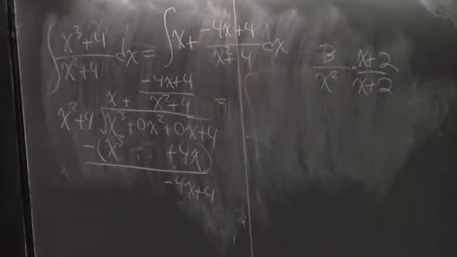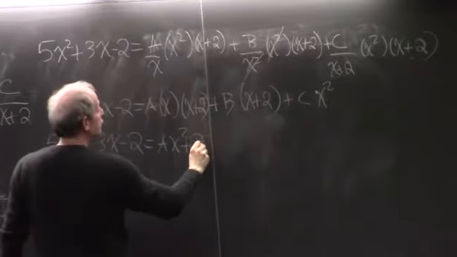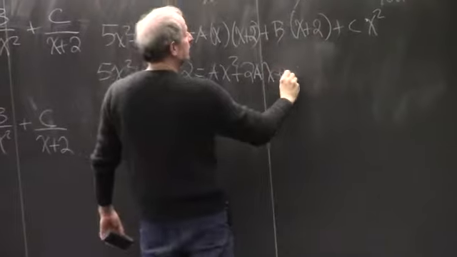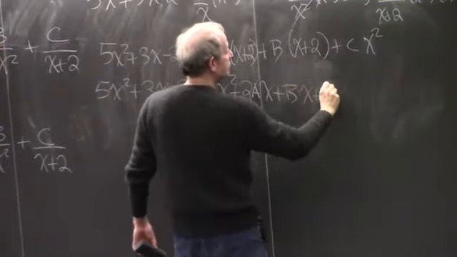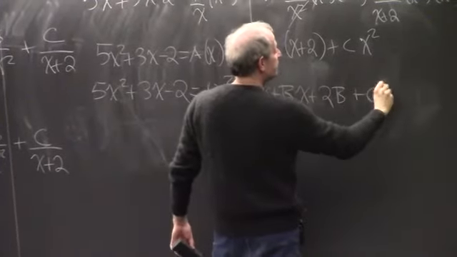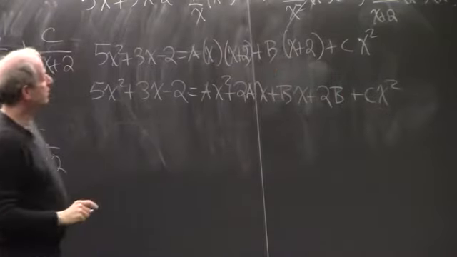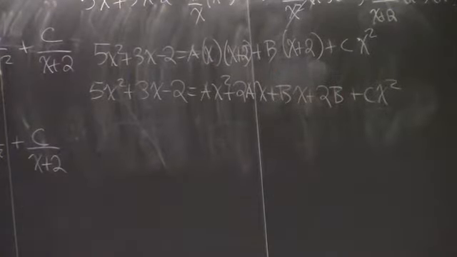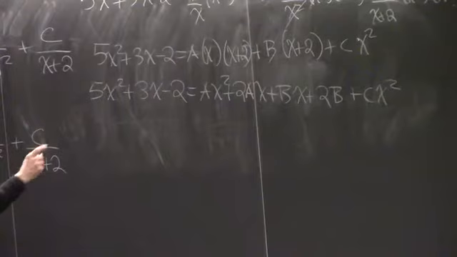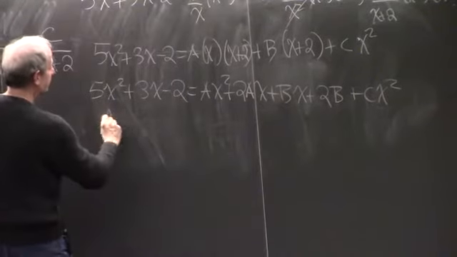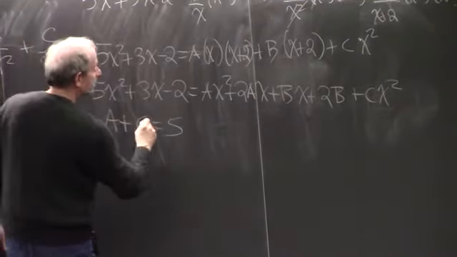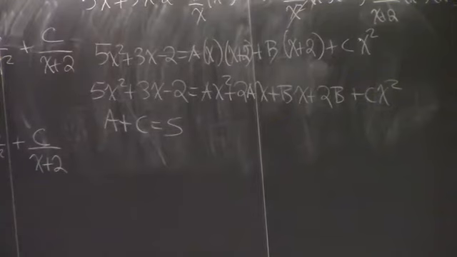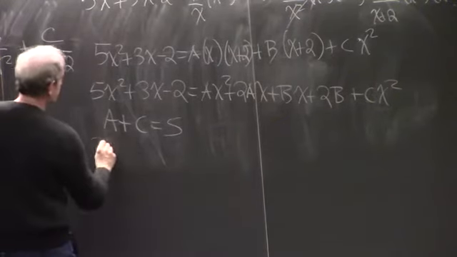So, you have 5x squared plus 3. I find these problems exhausting. This is ax squared plus 2ax plus bx plus 2b plus cx squared. So that's a plus c has to equal 5. 2a plus b equals 3.